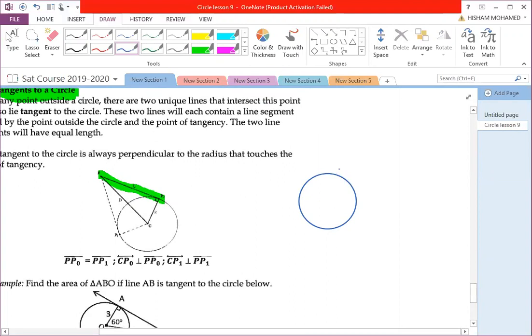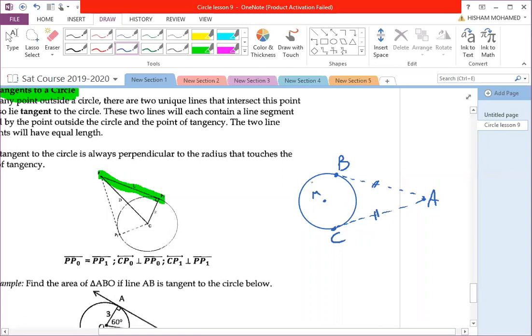For example, AB and AC are two tangents drawn from the point outside the circle. So AB and AC are congruent. And you can't draw more than two tangents from the point A.